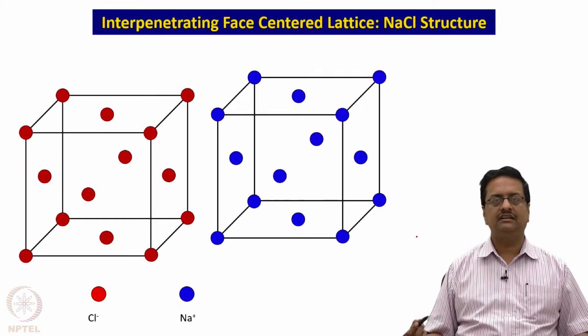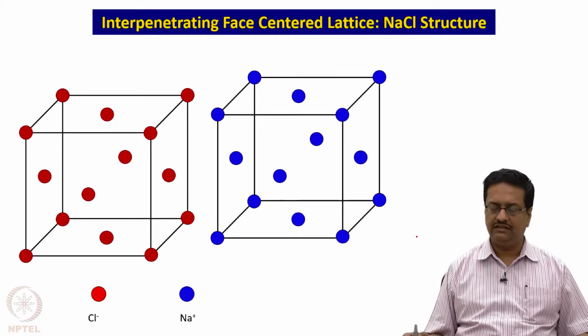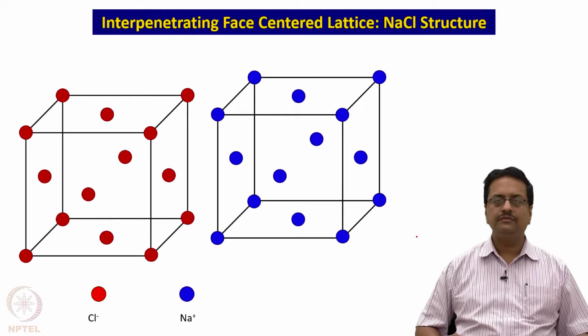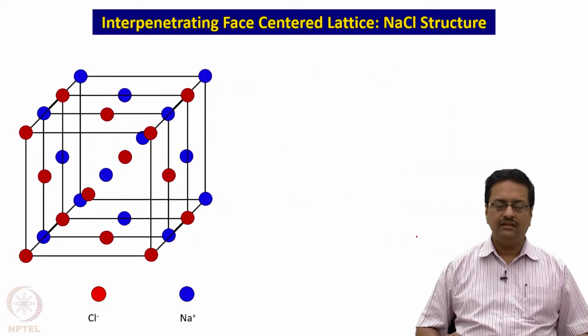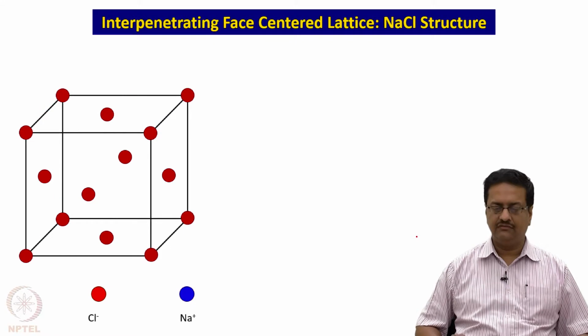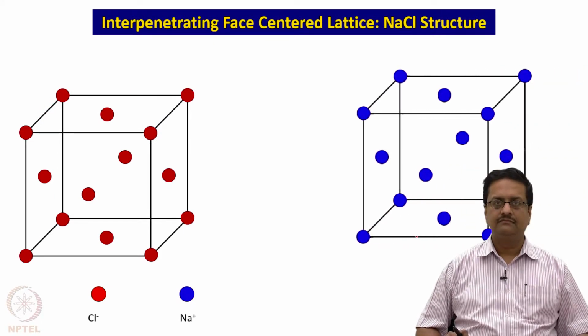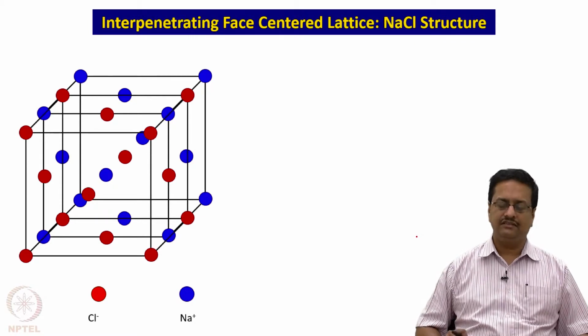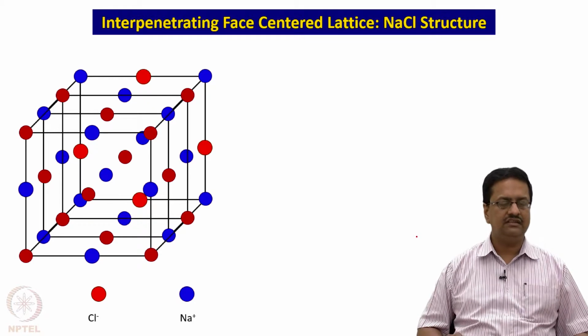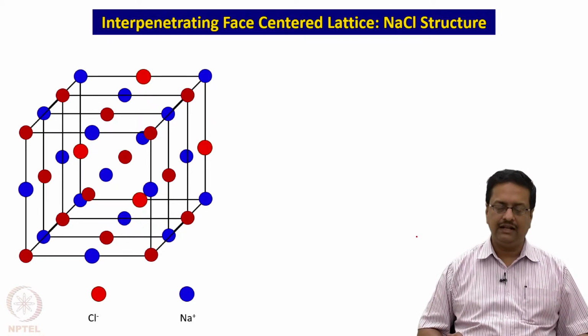Again, it is a face centered lattice with 8 corner atoms and 6 face centered atoms. Now if we merge these two in this way, what you see is that the two face centered lattices penetrate each other. So, two face centered lattices, when they interpenetrate, we call it an interpenetrating face centered lattice.